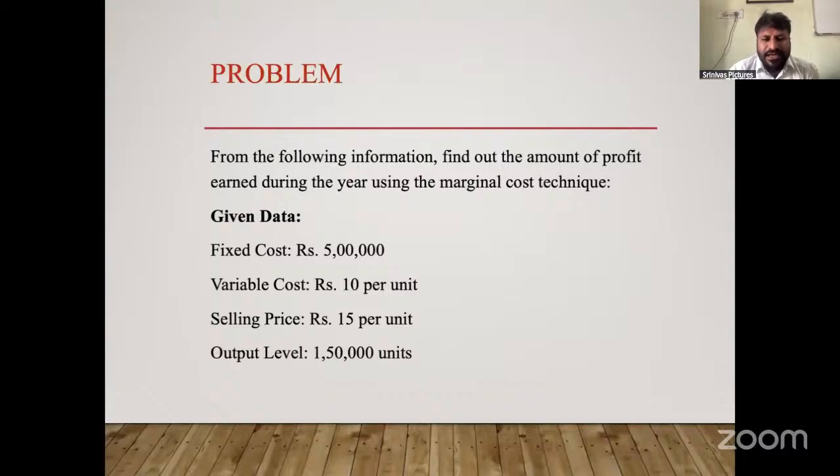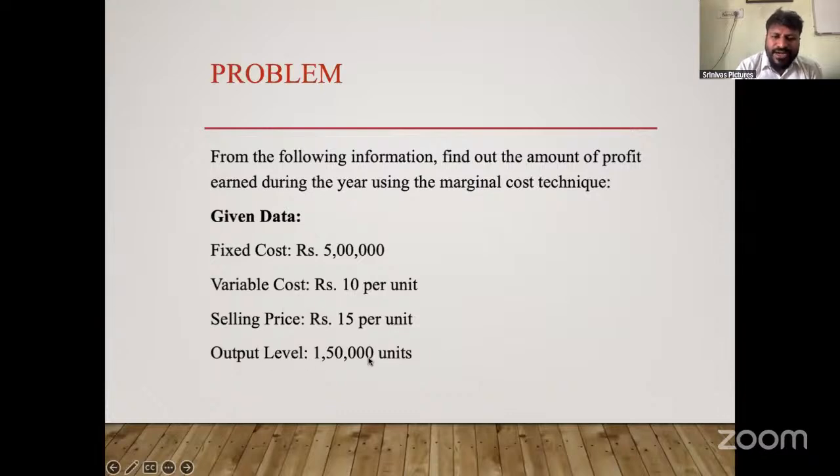And similarly, variable cost per unit also we have to calculate. Variable cost, again this 1,50,000 into 10 rupees, that is 15 lakhs. So minus 15 lakhs you can deduct. So total 7,50,000 is the contribution.